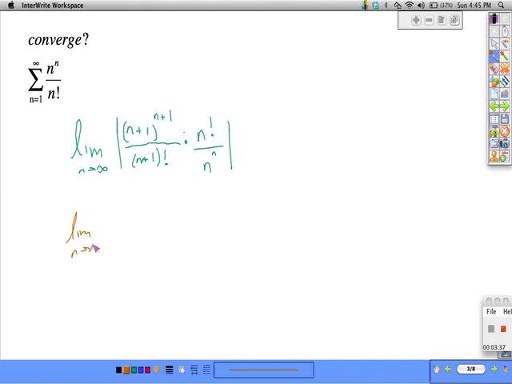Again, my hope is that the power piece of this will cancel, as will the factorial.